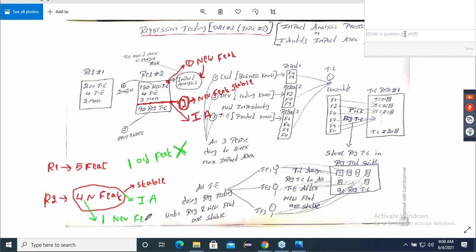Because of this one new feature only, that old feature is completely not working, and this new feature and the old feature cannot be together.